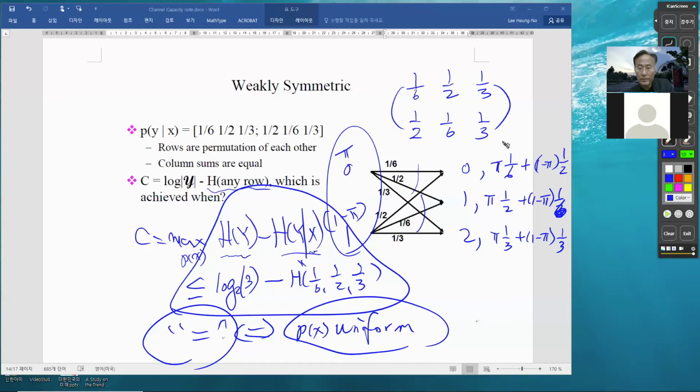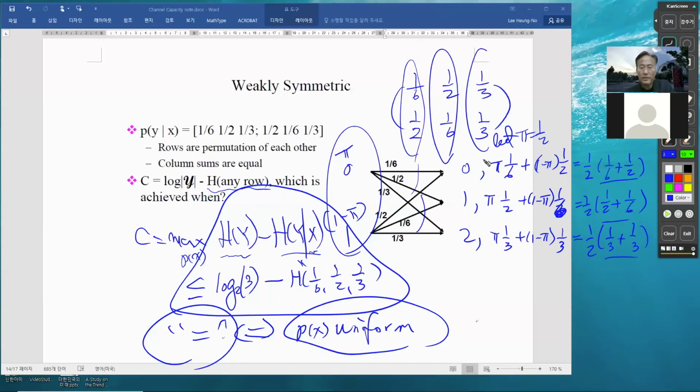So if we put pi equal to half, then we get half times 1/6 plus half times 1/2, half times 1/2 plus half times 1/6, and half times 1/3 plus half times 1/3. Each of these is a column sum, and the column sums are equal to each other.